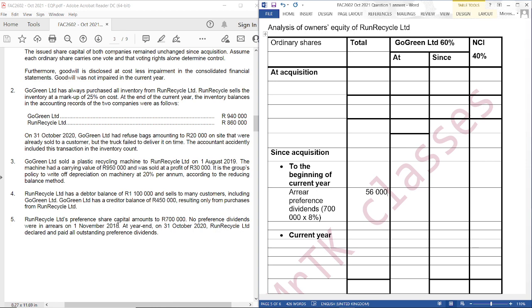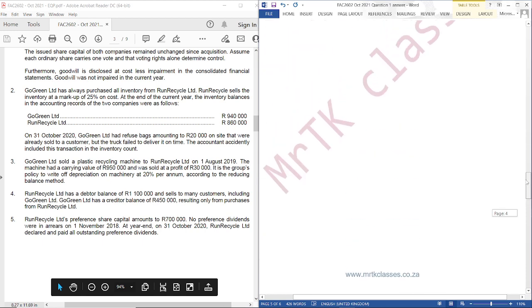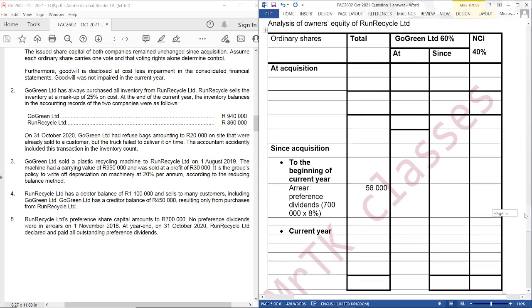So we have dividends between since acquisition up to the beginning of current year, and we also have current year. Basically this is the previous year in accordance with this question, because remember we said dividends were paid for 2 years at once.